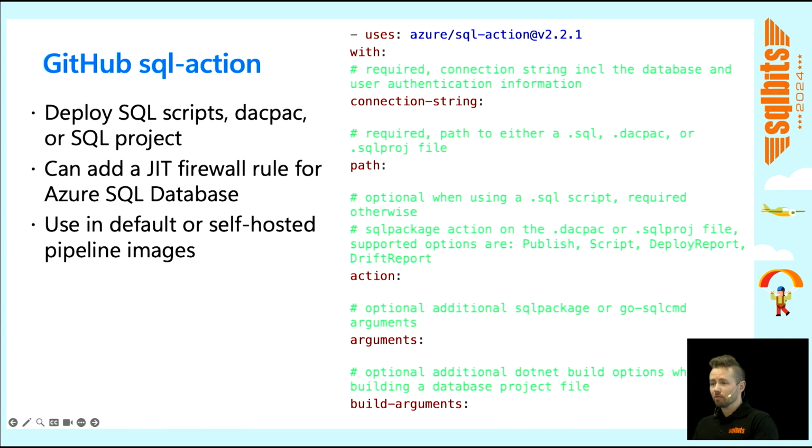However, when you try to run deployments, they get blocked by the firewall rules, and you don't really want to just allow things forever. The GitHub SQL action can be set up such that it creates a just-in-time firewall rule for itself, runs its execution, and then removes that firewall rule. So you can kind of use this as a piece of making sure that your DevOps environments are as secure as possible.